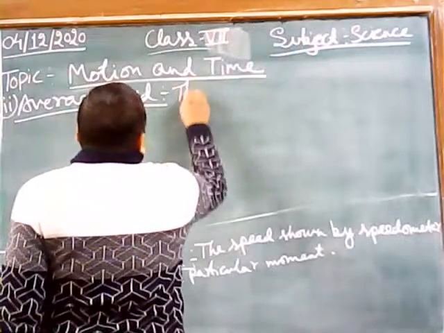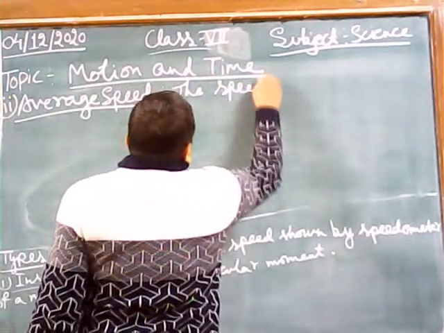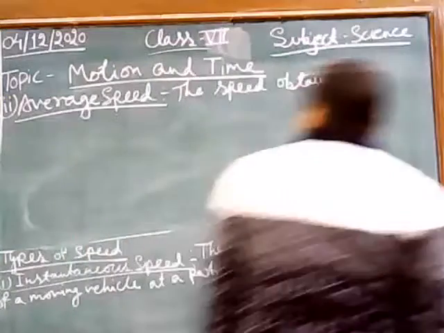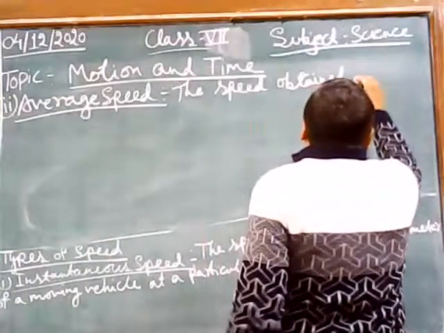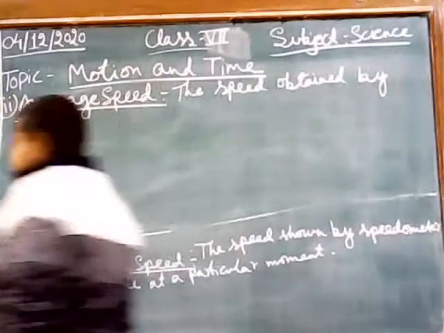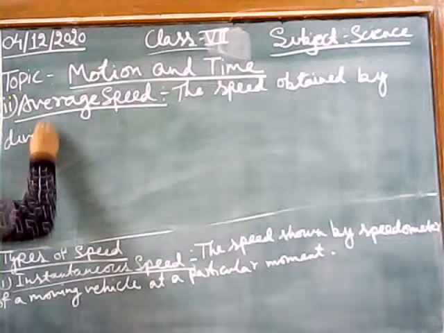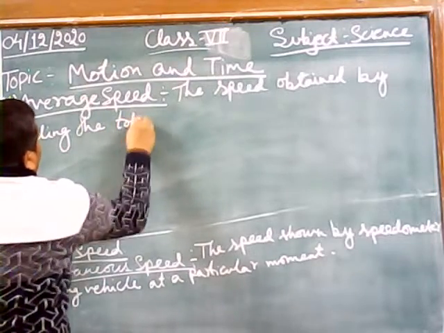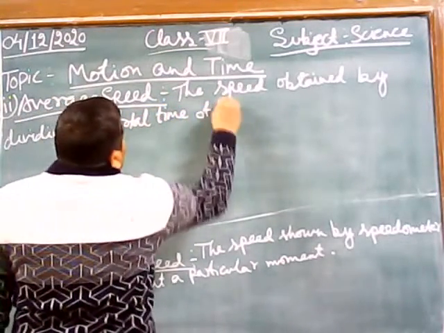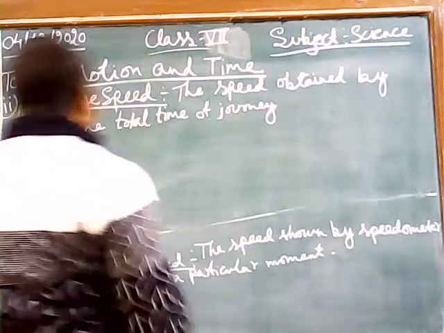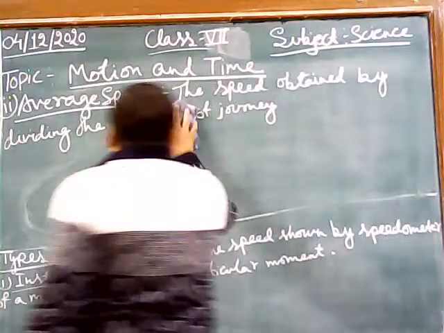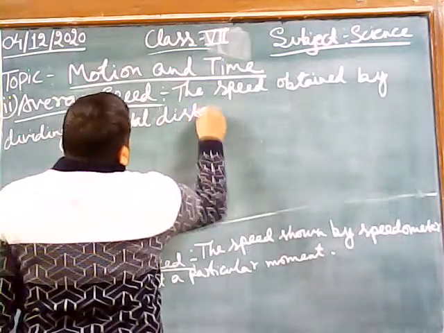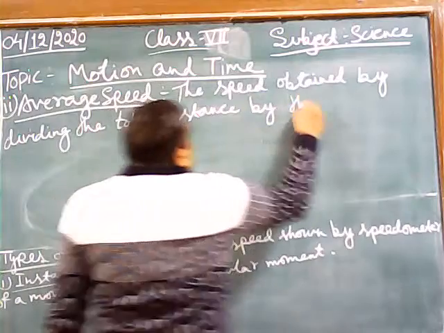Average speed is the speed obtained by dividing the total distance by the total time taken.